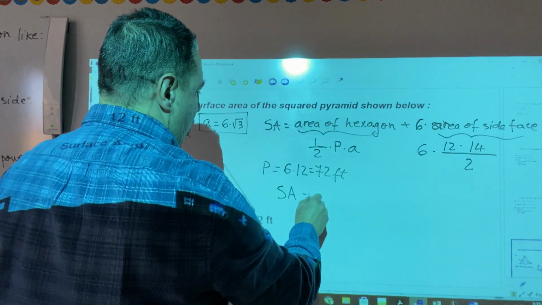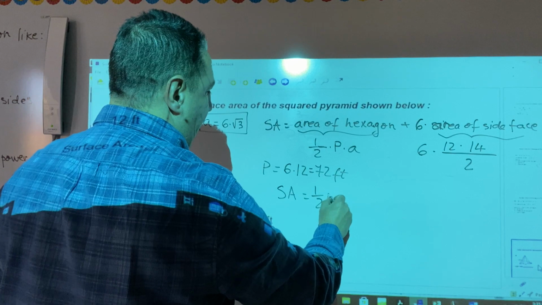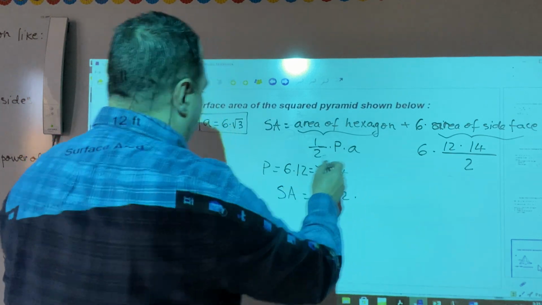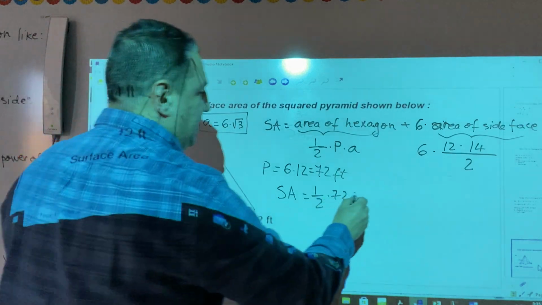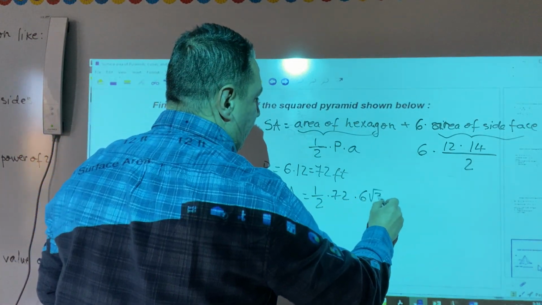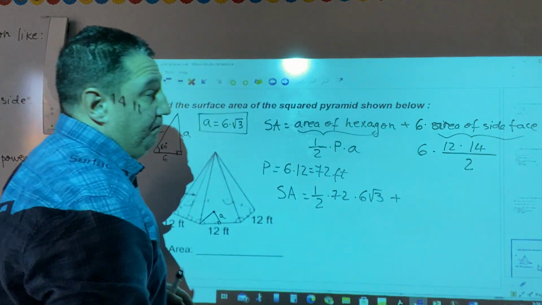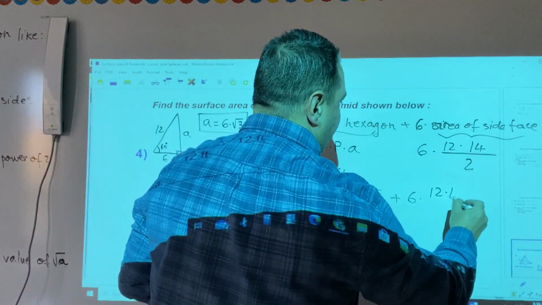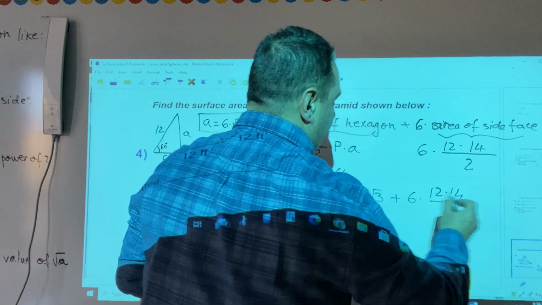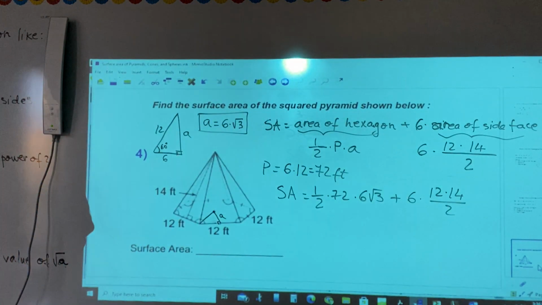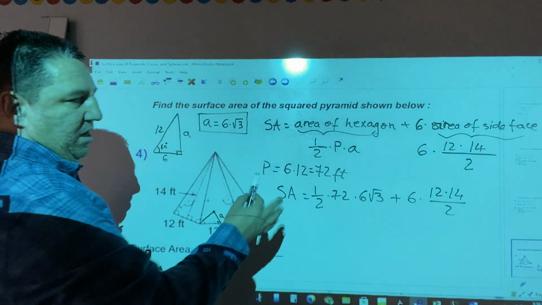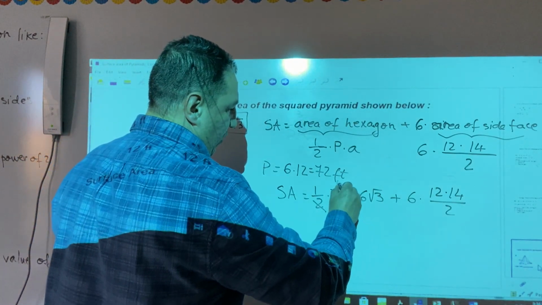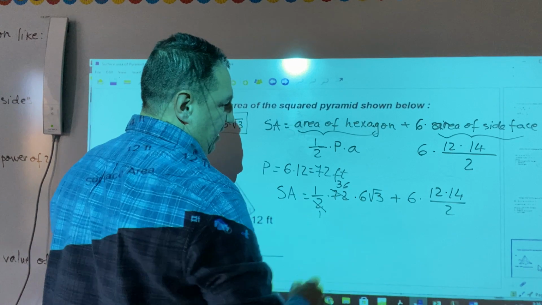So let's plug in here. Surface area would be 1/2 times perimeter 72 times apothem 6 square root of 3 plus 6 times 12 times 14 over 2. Good. Now we can simplify here 72 and 2, and we get 36 and 1.